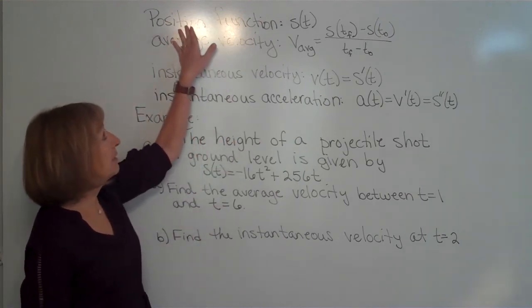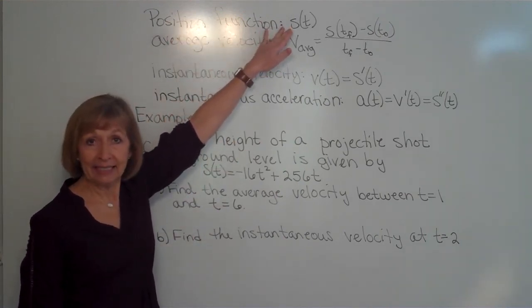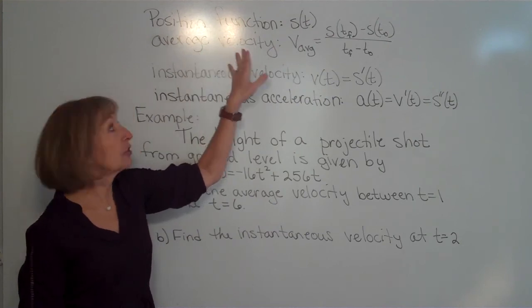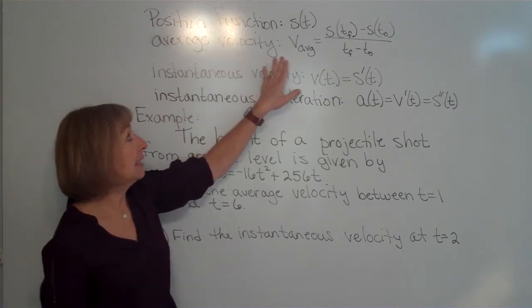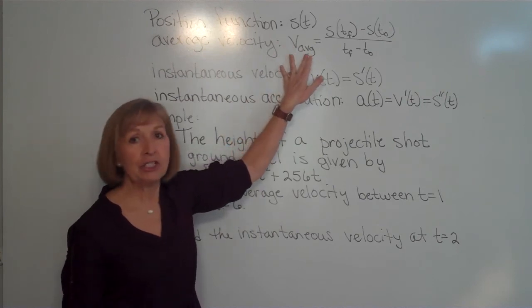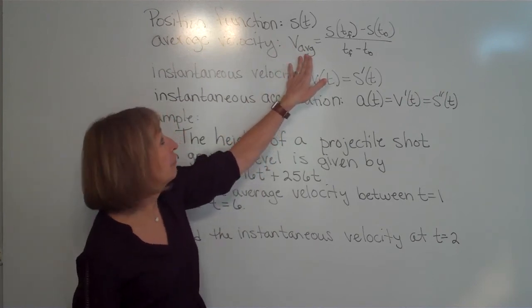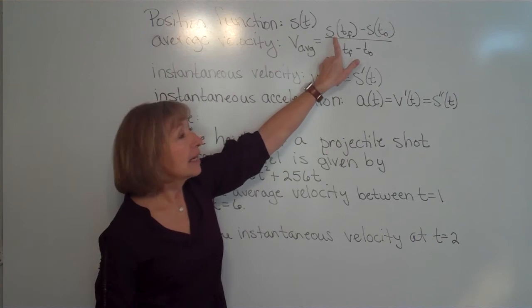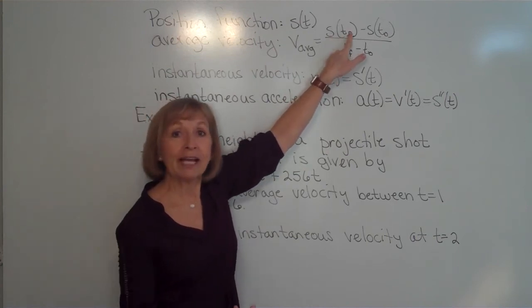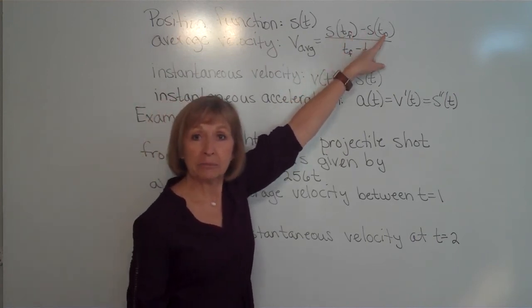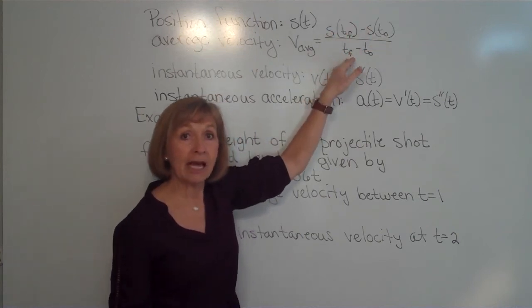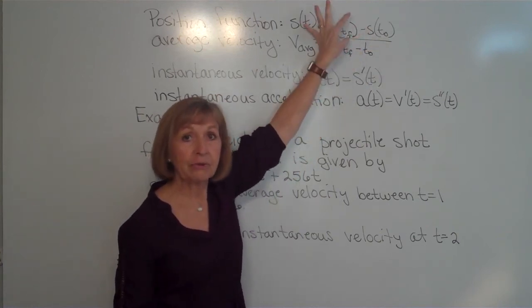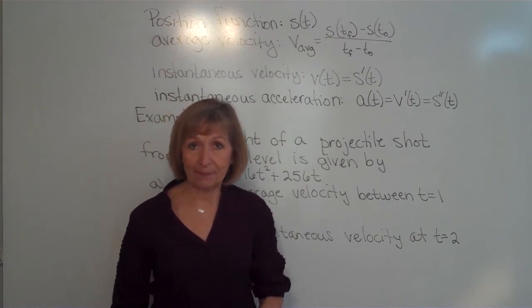Here, if our position function is s of t, then the average velocity over a span of time, v sub avg, is the position at the final time minus the position at the initial time, divided by the final time minus the initial time. So I get my average velocity that way.